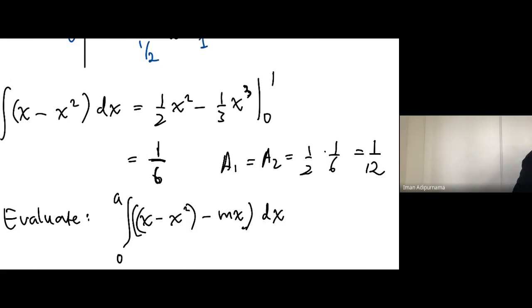And then what we need to do is we evaluate from 0 to A, this minus mx, right? The parabola minus mx. So we plug in x minus x squared minus mx.